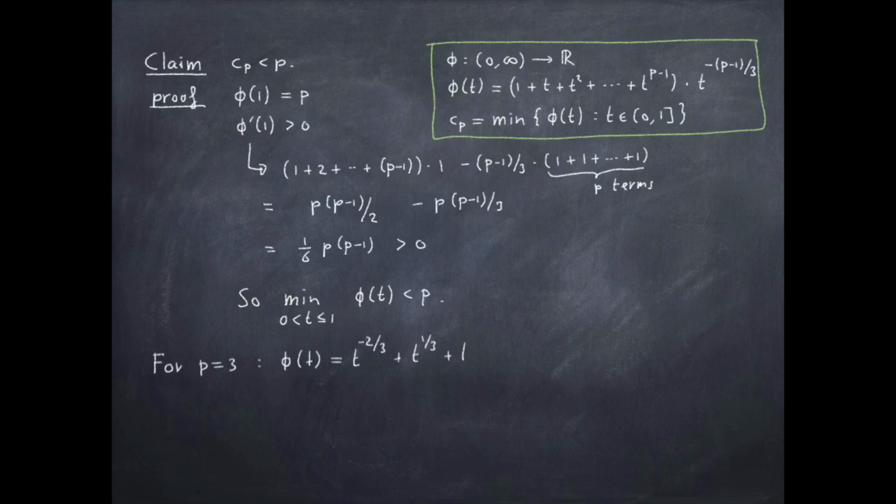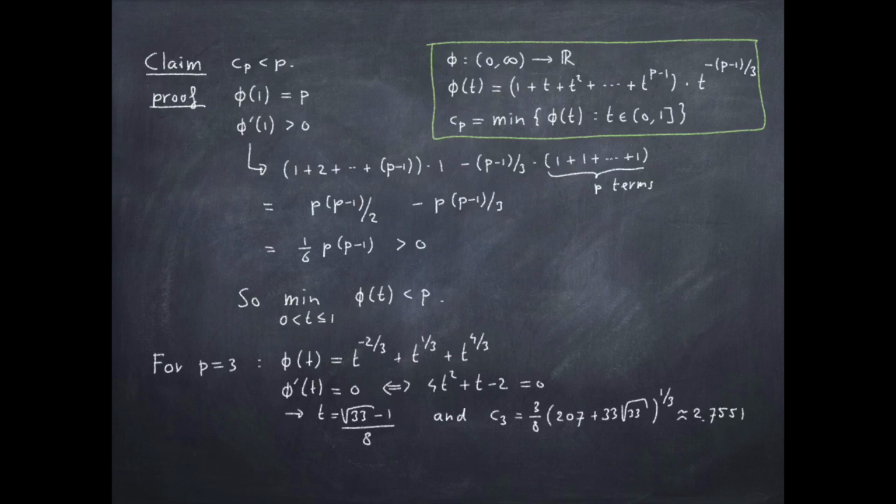In the case that p is equal to 3, we can compute the minimum by setting the derivative of phi equal to 0. This gives a second degree equation, and solving it gives us a value of c_3 around 2.755. This concludes the proof of our main theorem.